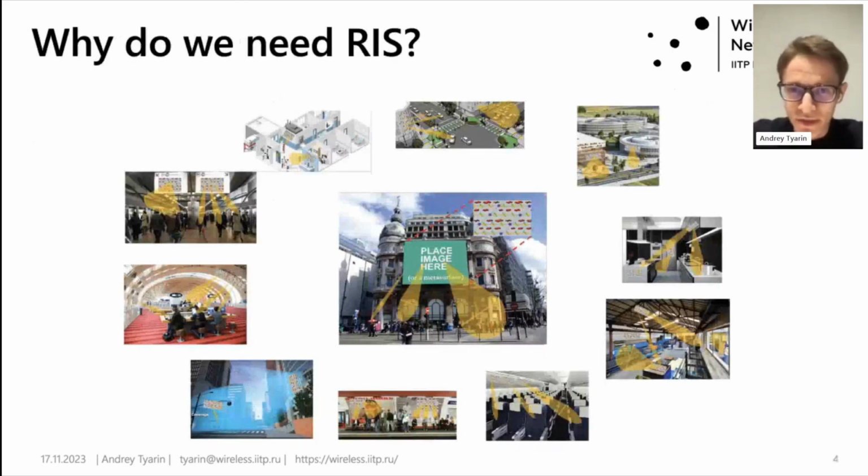Why do we need RIS? RIS is a prospective technology. It holds tremendous potential to enhance the capacity and coverage area of wireless networks. With RIS, the channel condition can be dynamically reconfigured in order to adapt to the changing environment or to optimize network performance in real time. RIS can be used in indoor environments where the signal strength and quality are often degraded by obstacles and interference.